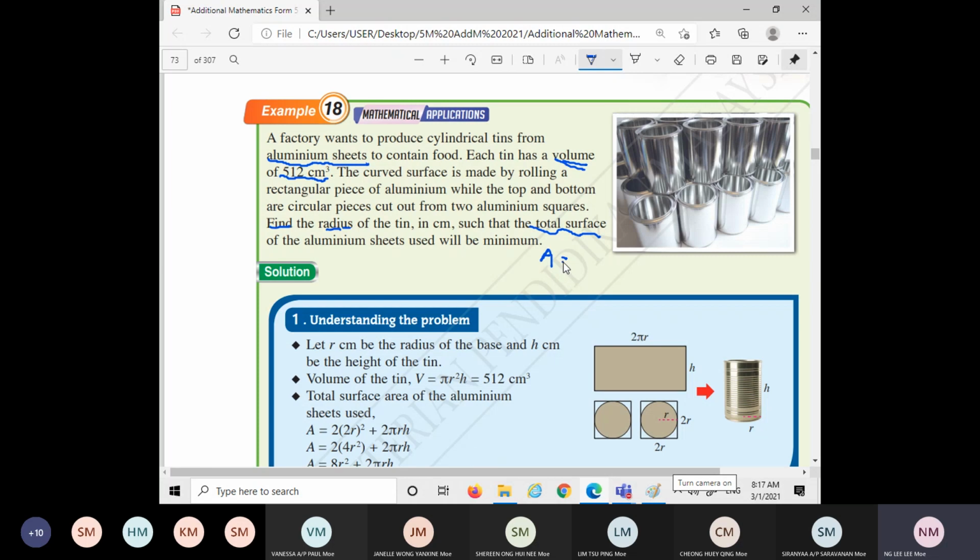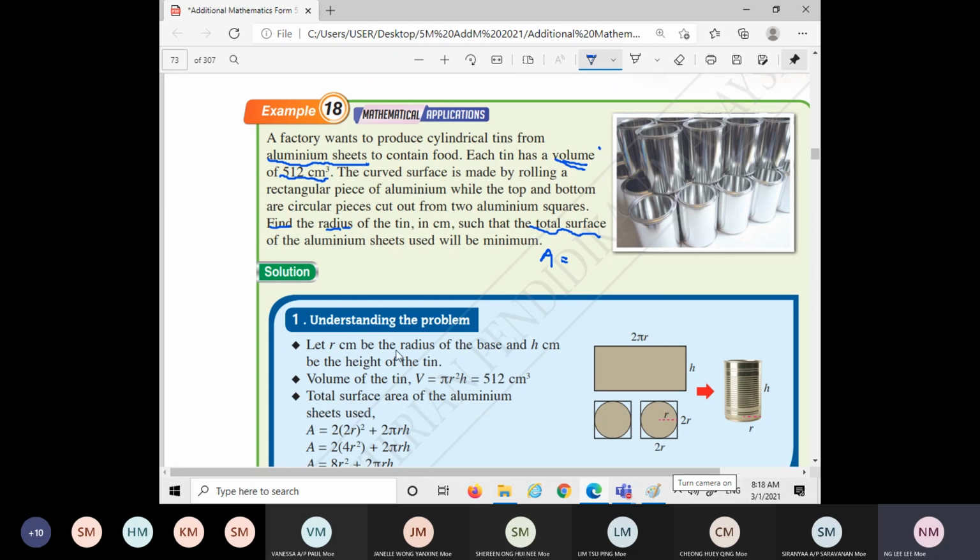We have to find this formula. They will not give you this formula. You got to memorize all the formulas for geometry, all the solid geometry, the volume and the surface area. Volume also the same thing. They will not give you the formula.